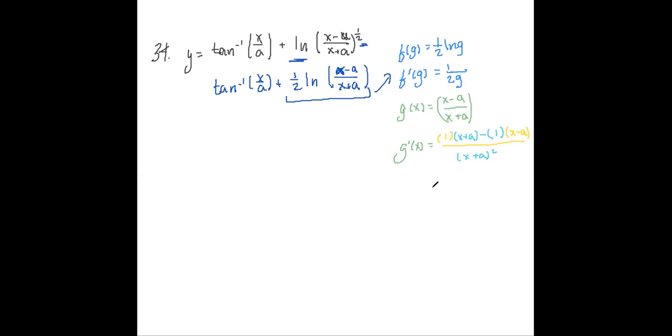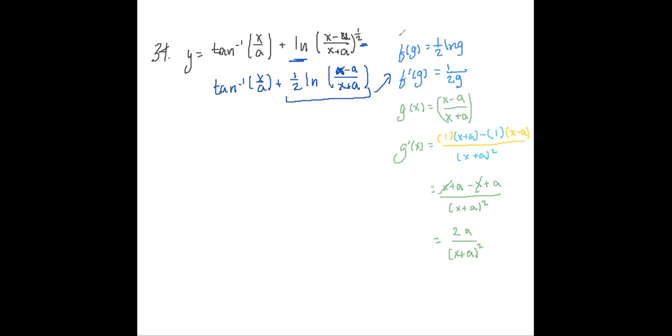So this is going to turn out to be x plus a minus x plus a over x plus a squared. The x's are going to cancel. This is going to get turned into 2a over x plus a squared.